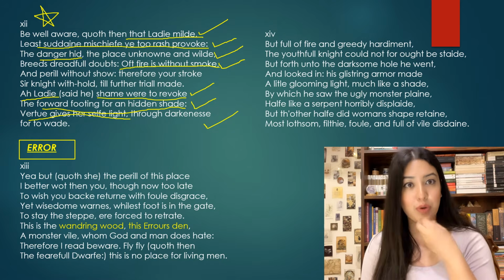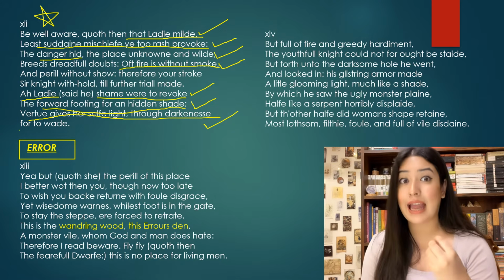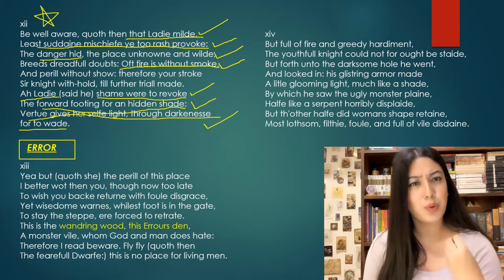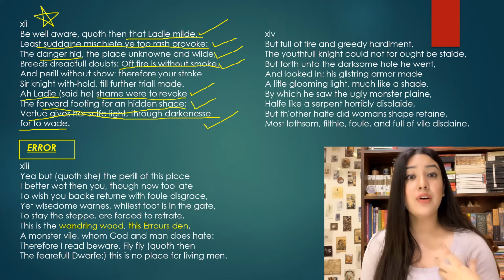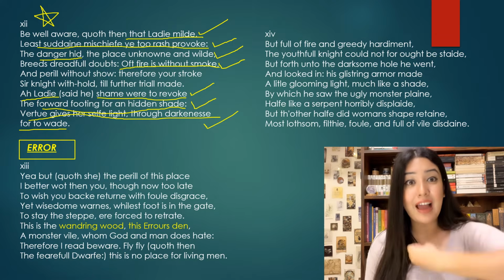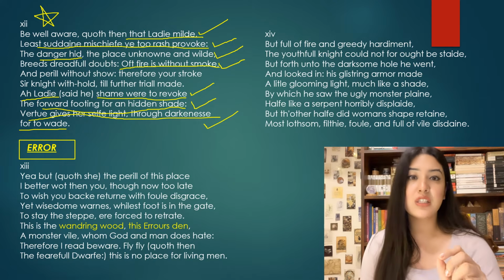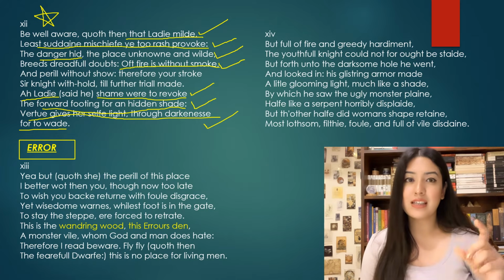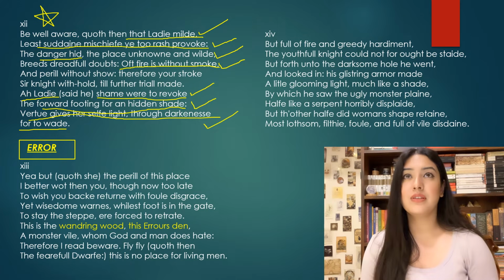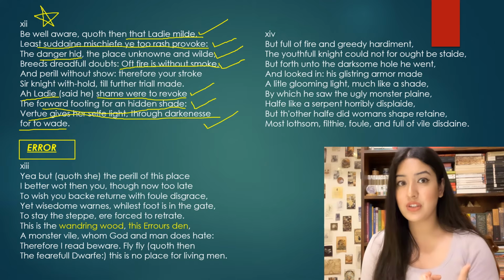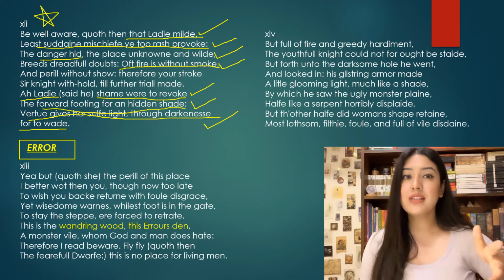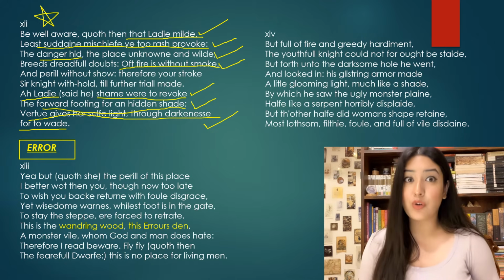If you're a virtuous person, a man's character, his pure intentions, will light the way and shed light even in darkness. So he's saying that he can't turn back now, he's going to go forward.